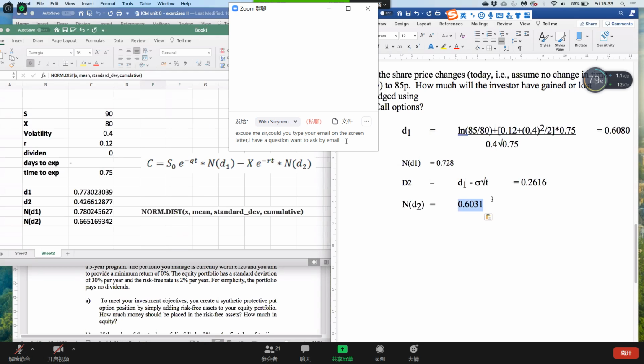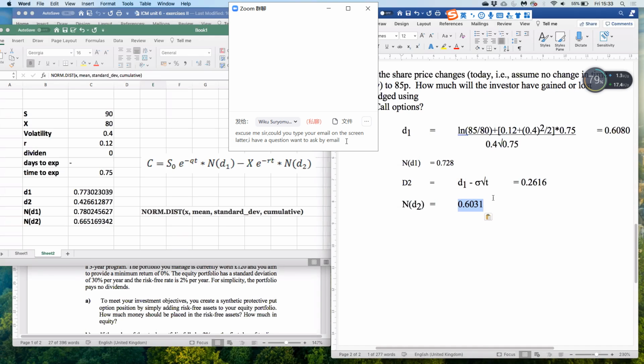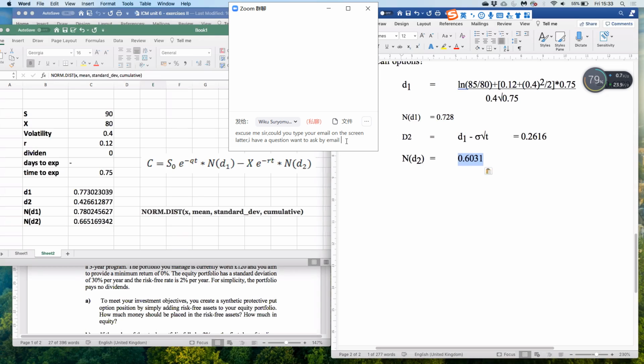Then again, we calculate ND2, the normal distribution of D2, which equals 0.6031. After that, we calculate again the call price C, and we got 17.82.